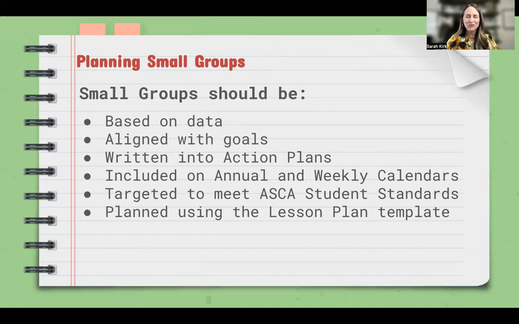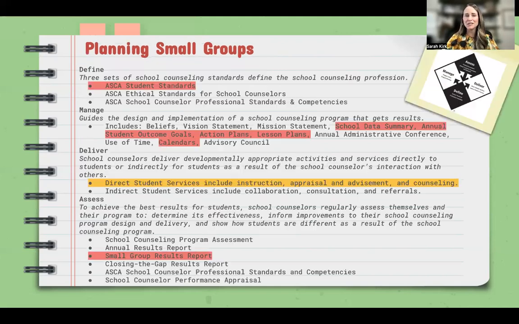Now that sounds like a mouthful, but what I did there is I identified all the different elements of a comprehensive school counseling program that you can align with these small groups. So I showed you this screen earlier where I had highlighted in yellow where small groups fit into the ASCA National Model. Now added in red shows all the different areas that can be aligned with your small groups.